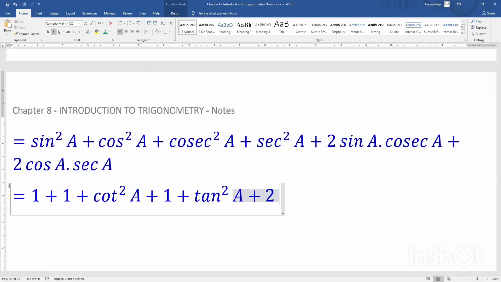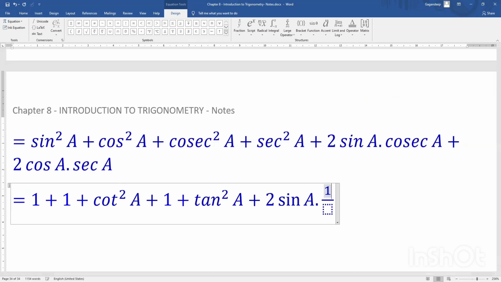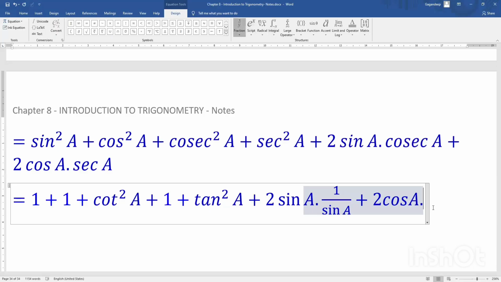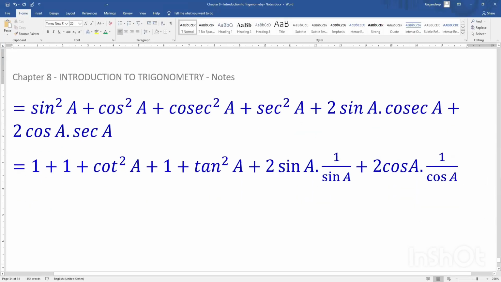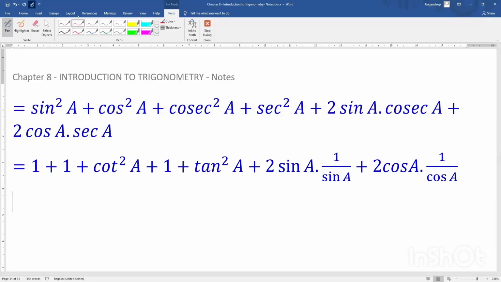It is 2 sin A into 1 by sin A, since cosecant A can be written as 1 by sin A. Similarly, 2 cos A into secant A can be written as 1 by cos A. So the sin A cancels, and cos A also gets cancelled.